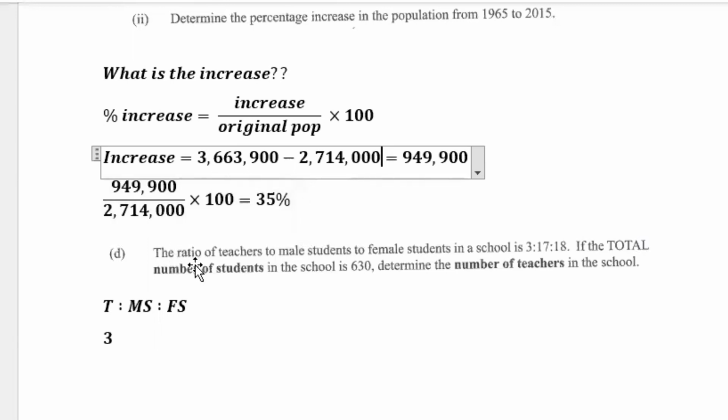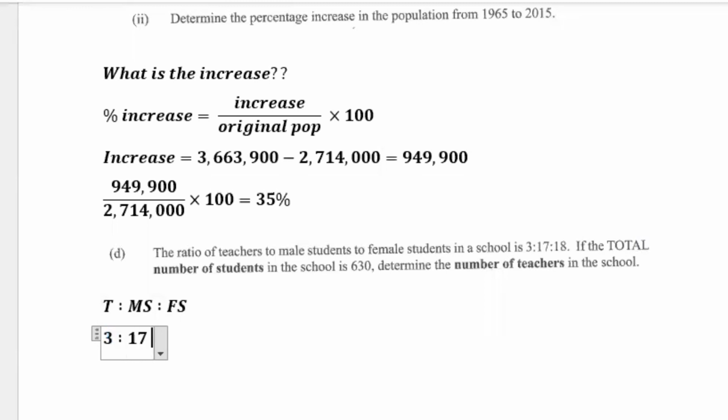So in the ratio, it is teachers to male students to female students. The ratio that was given is 3 to male students of 17 to female students of 18. The question says, determine the number of teachers in the school.